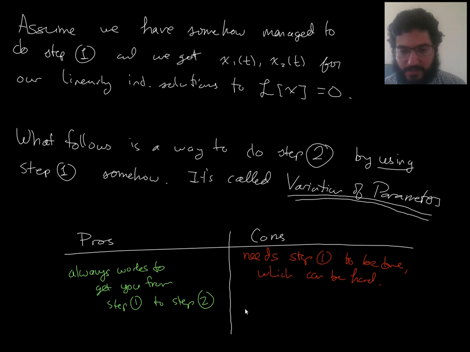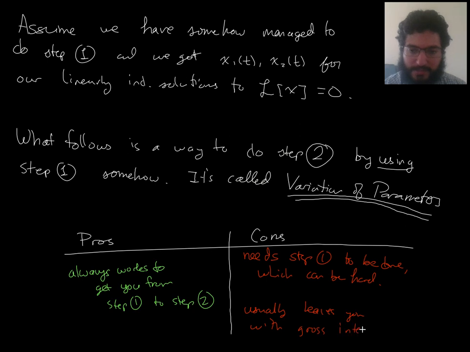And the other disadvantage I would say is if you're expecting a nice, beautiful solution at the end, usually it doesn't give you that. Usually it leaves you with gross integrals, which I guess it's a matter of taste.